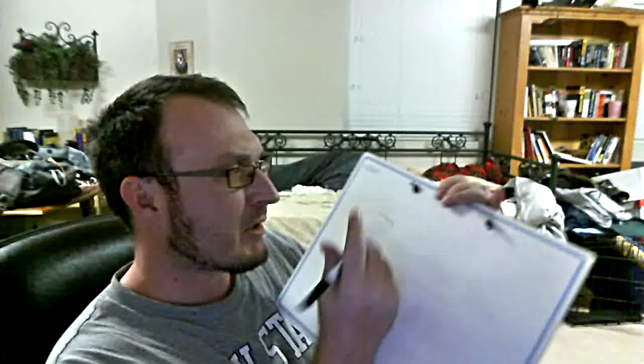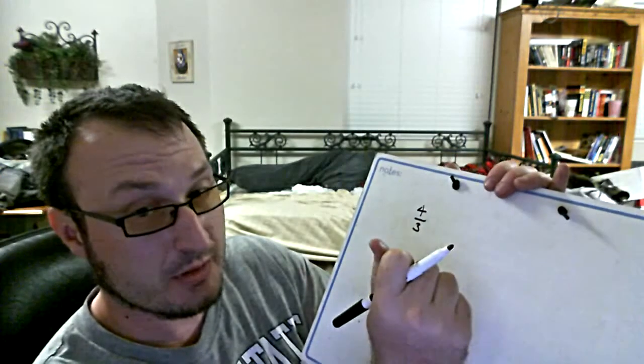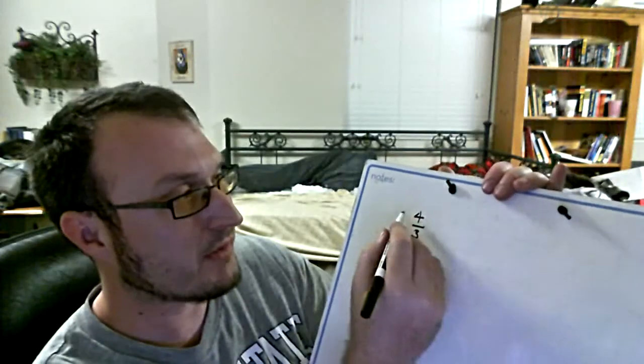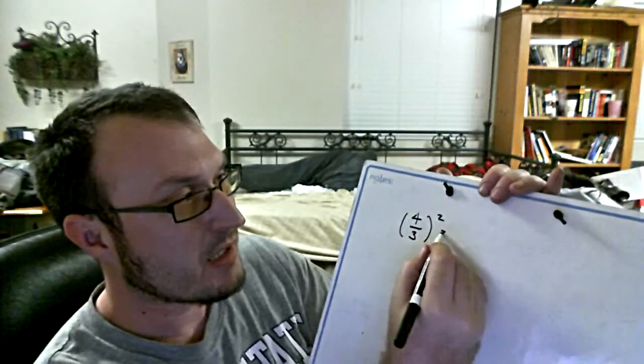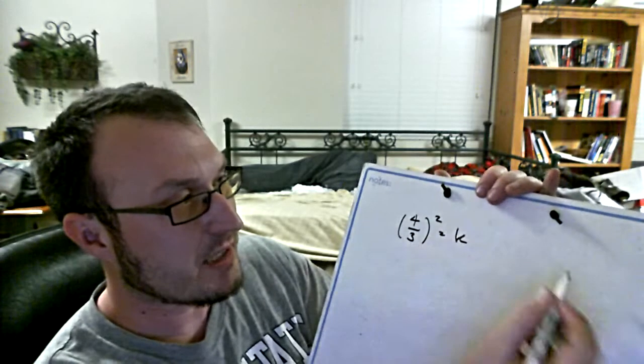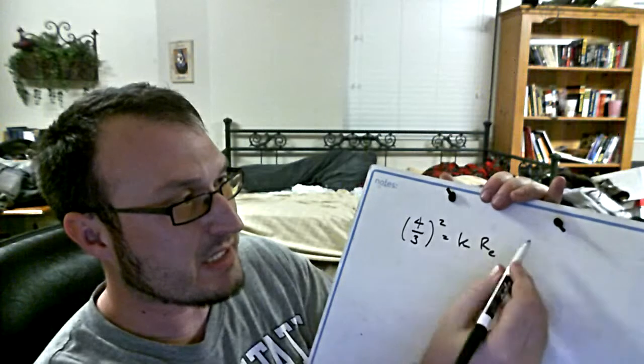Before I write 80 minutes, I would see that in my head as 4/3 of an hour, because I know we're going to use 24 hours later, and I don't want to convert 24 hours to minutes. So to me, that is easier. So that's my period, 4/3 of an hour. That's squared, and that equals some constant k multiplied by r sub e cubed.